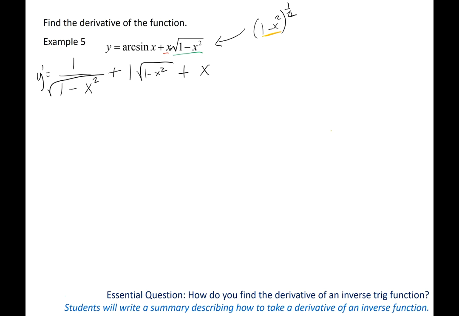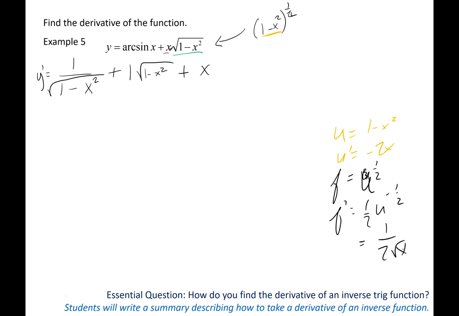So I'm going to do my chain rule off to the side. So u equals 1 minus x squared. U prime would then be negative 2x. And then my outside function is f equals u to the 1/2. So f prime equals 1/2 u to the negative 1/2, or 1 over 2 square root of u.